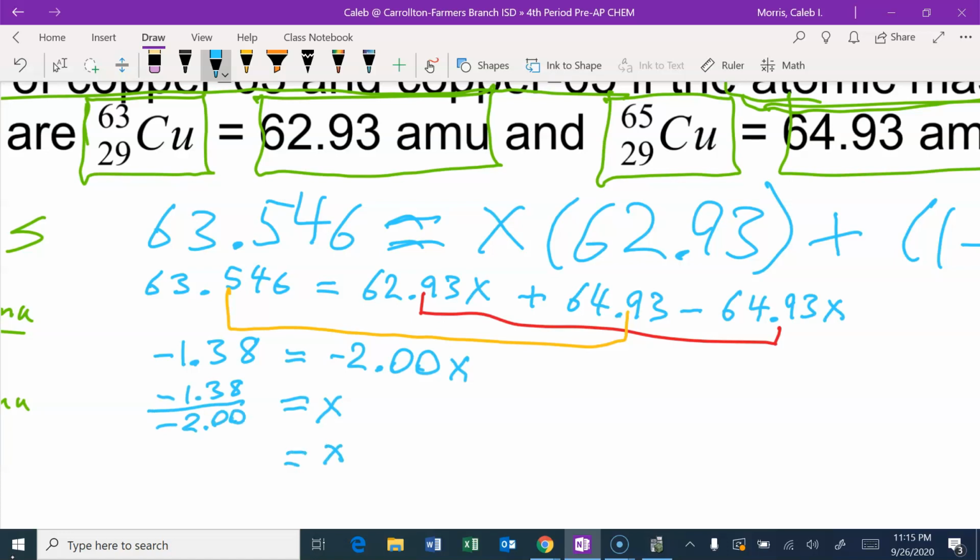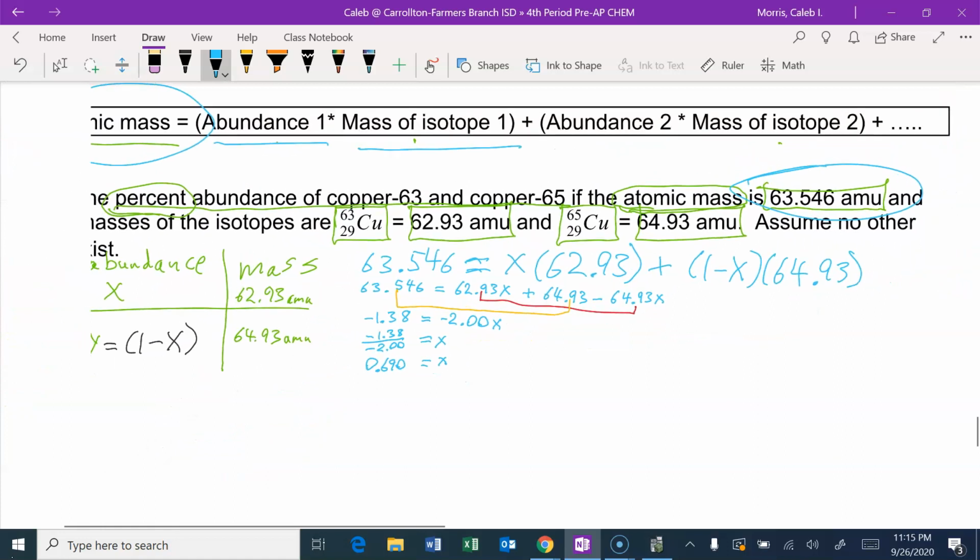My answer to 3 significant figures is 0.690. I'm sorry, we just did negative over negative, so that is a positive number. 0.690 is x.